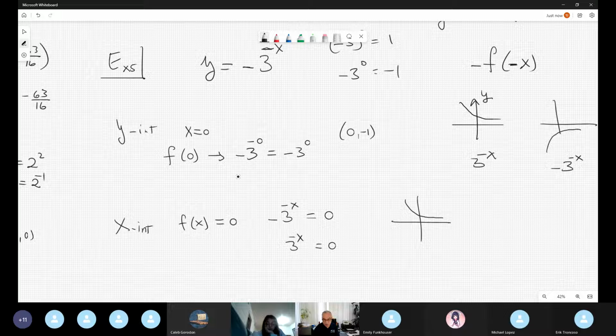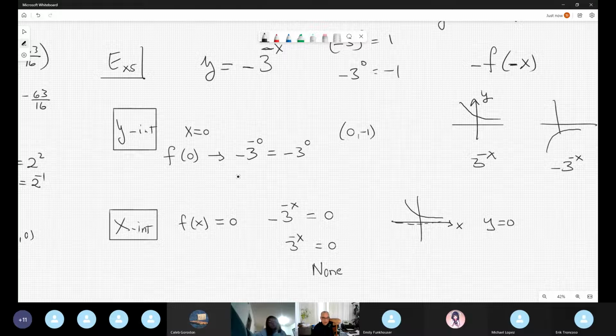It never touches the x-axis. And y is never 0. It's asymptotic. So when you see an equation that equals 0 or a negative number, this is a contradiction. No solution. Therefore, the conclusion is we have no x-intercept. Y-intercept, yes. X-intercept, no. Okay.